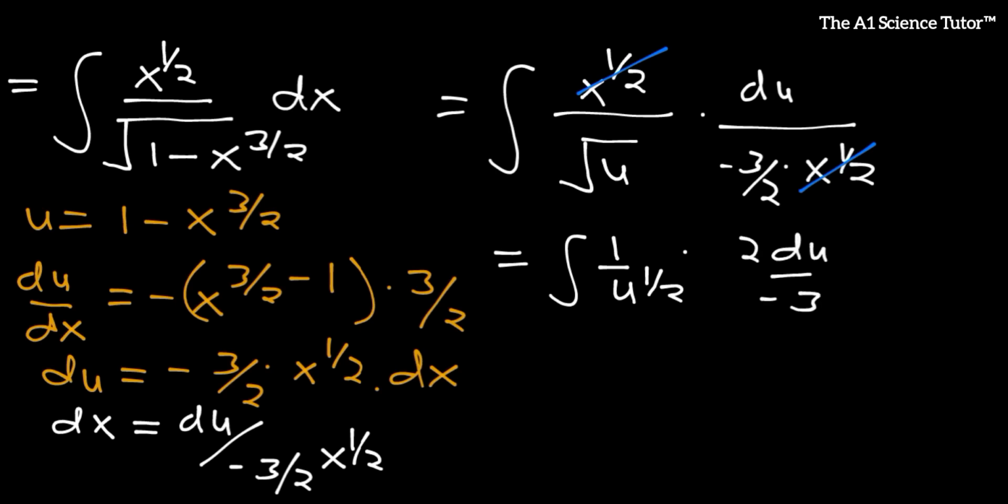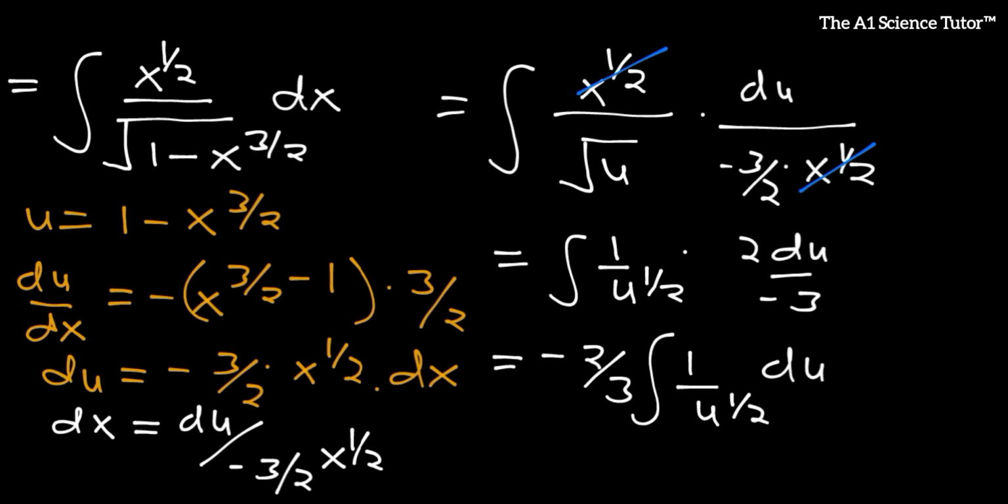That is basically what happens. This is actually the denominator of this fraction, so you basically take it to the top part of the major fraction. So that gives you negative 2 divided by 3. Now I need to take this stuff out of the expression. So this is going to be negative 2/3, and we have 1 over u raised to the power of half, and you have du right there, right?